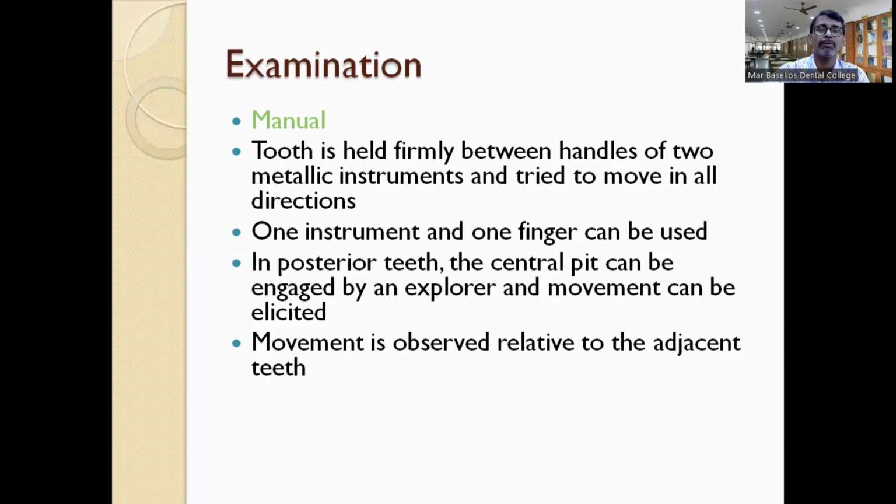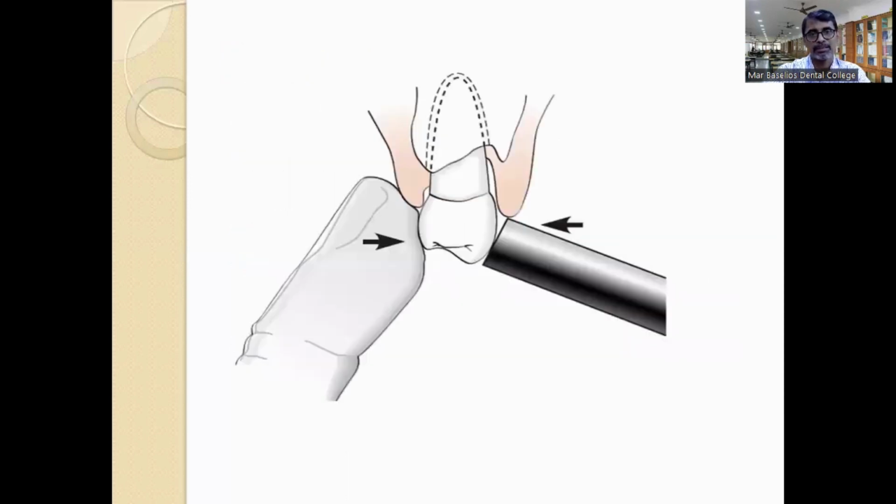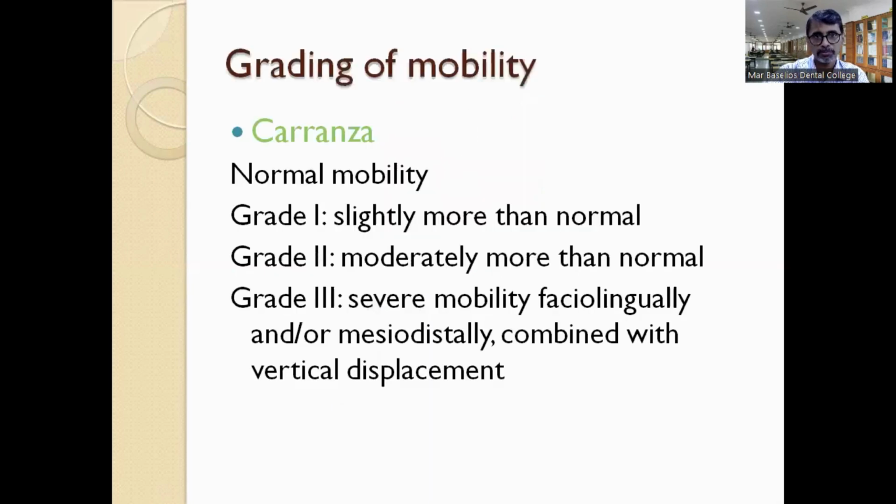The movement is always observed relative to the adjacent teeth. And this is how we check the mobility with one instrument and one finger. As you can see, the pad of the finger is soft tissue and can get slightly compressed, but ideally mobility has to be assessed by holding the tooth between two hard surfaces, that is, the handles of two instruments.